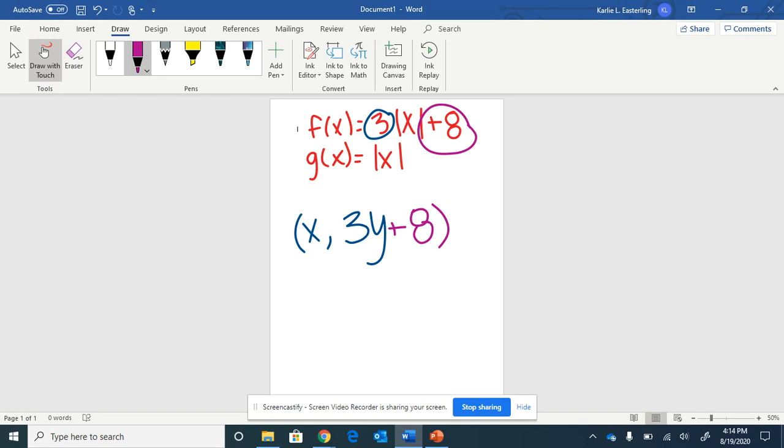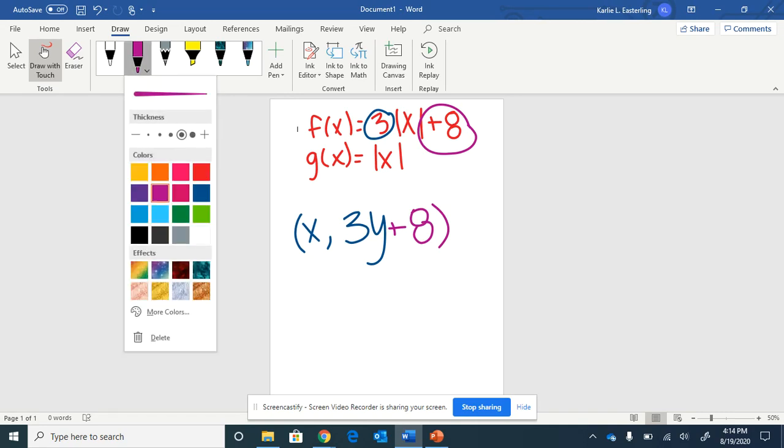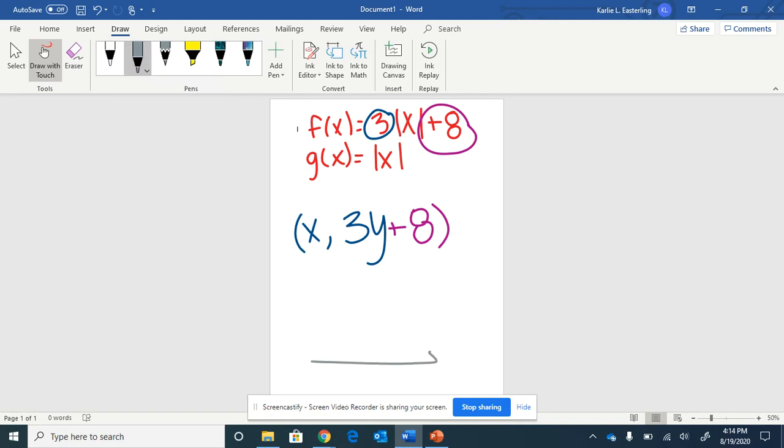And then for the graph part of the function, all you have to do is sketch a little graph. We'll do 2, 4, 6, 8. I know that my absolute value graph, which is going to be a V, is going to cross my y-axis here at 8, so I'm going to plot that point.